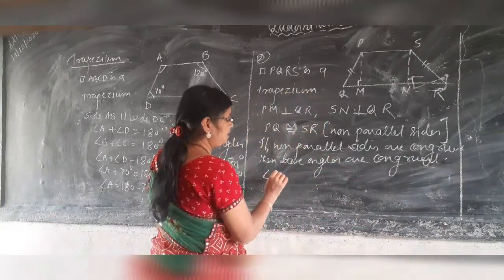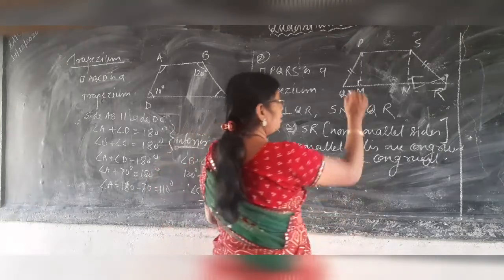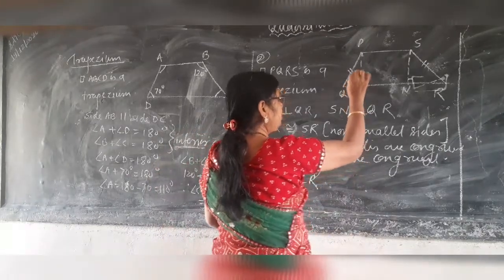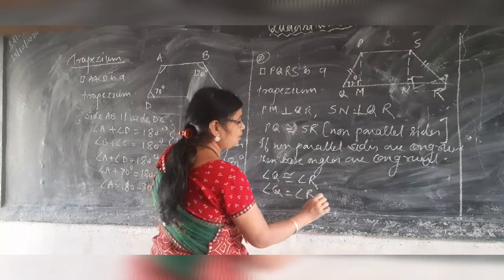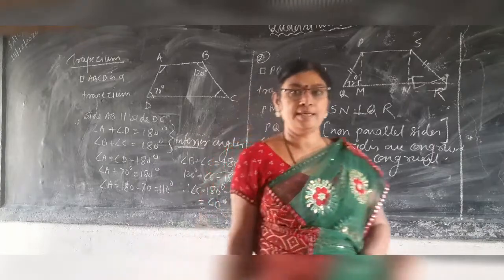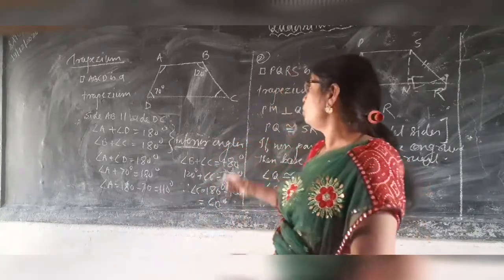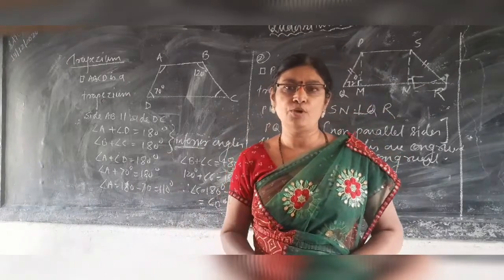So base angle means angle Q is congruent to angle R. Now if angle Q is 72 degrees, then angle R is also how much? 72 degrees. What is the property? Base angles are congruent. So you have to use this property and solve the problems in exercise 5.4.